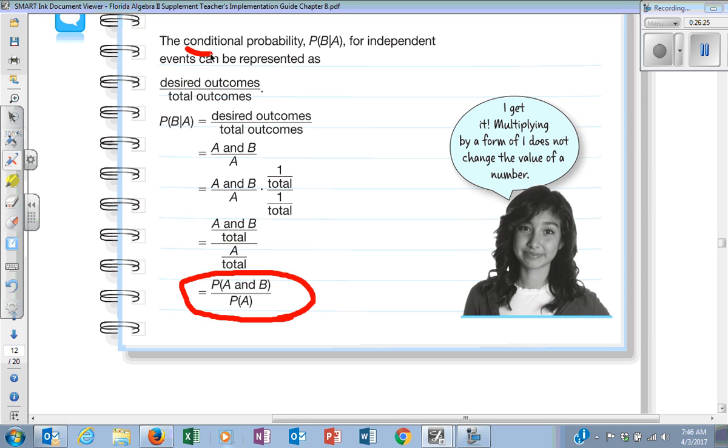Conditional probability for independent events can be written as this, right here: probability of A and B divided by the probability of A. But what is this for? Does that make sense?